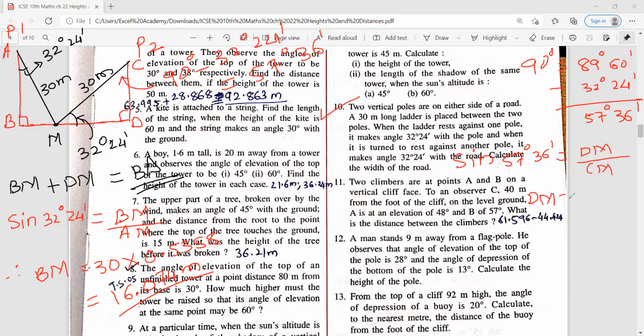So DM is equal to 30 into sine of 57 degrees 36 minutes. सांगा किती येते? 0.8536. 30 into 0.8536. Okay, do the calculations and tell me how much is it in meters. This is DM.